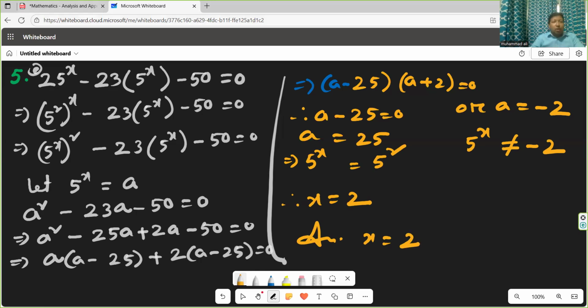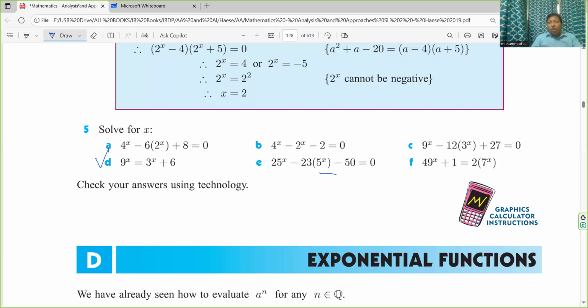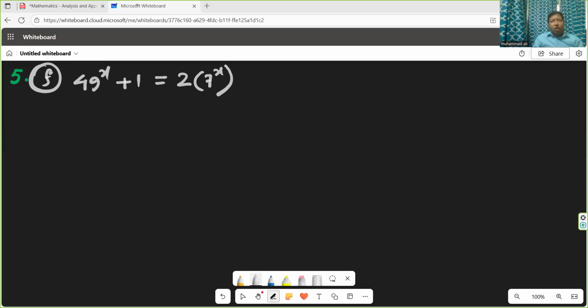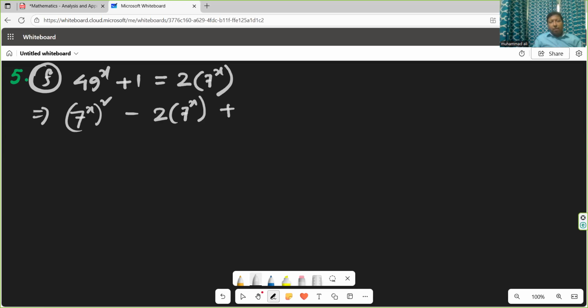Now the last one, part f: 49 to the power x plus 1 equals 2 times 7 to the power x. Instead of 49, we can write (7 to the power x) whole squared, minus 2 times 7 to the power x, plus 1 equals 0.